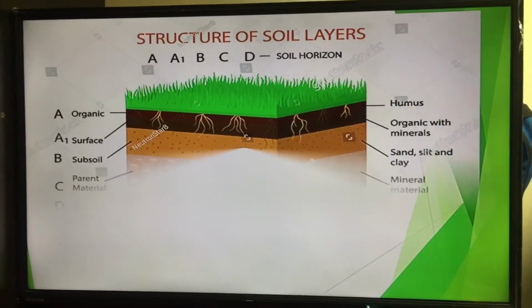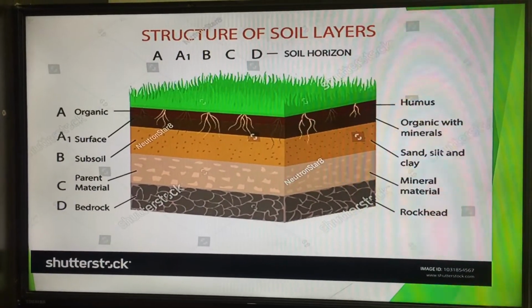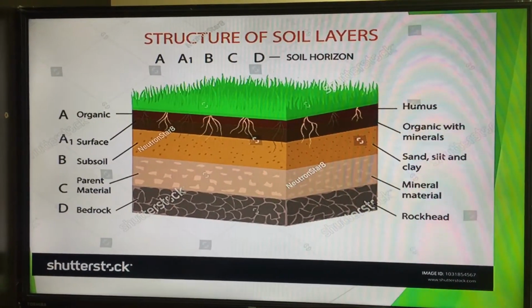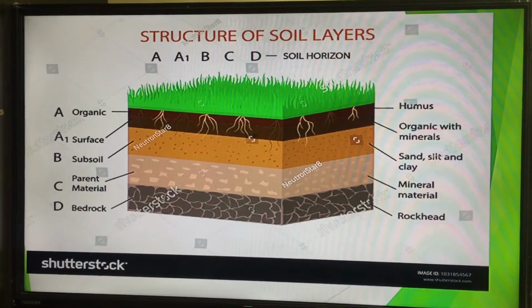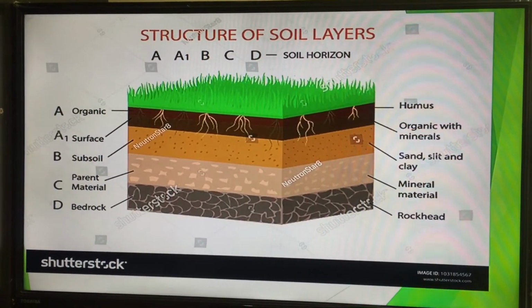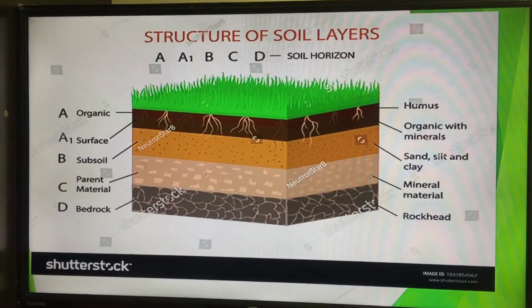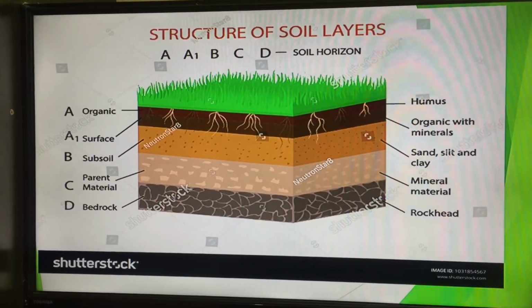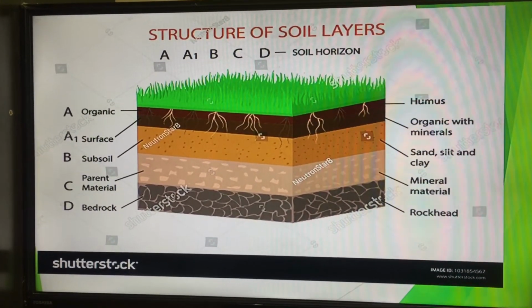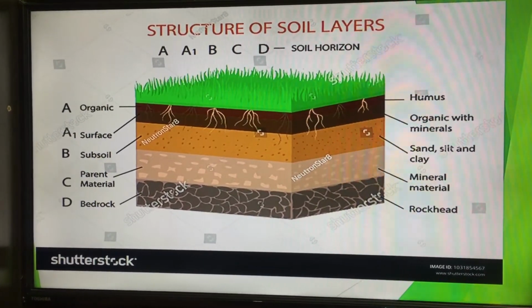As we check these illustrations, if the structure of soil is not so compact, it is nice to plant on it because the nutrients are all present there.